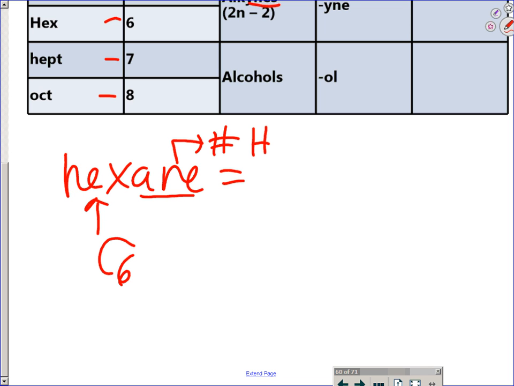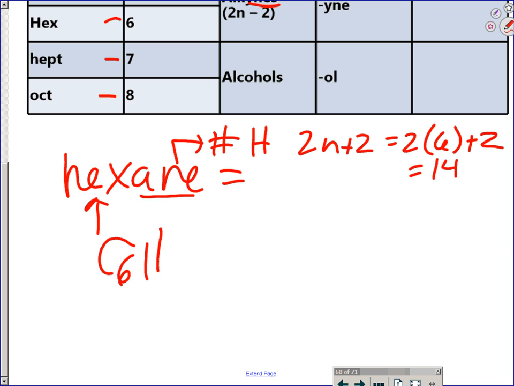What's the little formula? 2n plus 2. What's our n number here? 6. So that's 2 times 6 plus 2, which is equal to what? 14. So all we do to conclude our formula is write C6H14. And that's hexane.